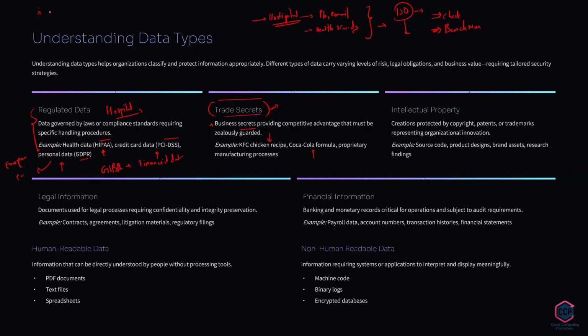So if you are using someone else's documentation for your business purpose, it will be illegal and it won't follow the laws which are required to be ISO certified. Okay. And we have examples such as source code, product design, brand assets, research and findings.